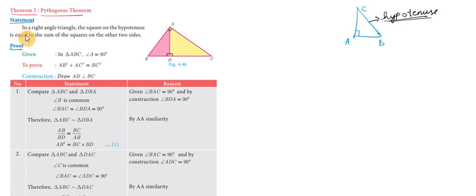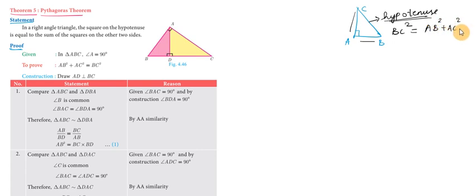என்ன சொல்றாங்க அப்படின்னா in a right angle triangle the square on the hypotenuse, அப்படின்னா the BC square, okay, that is equal to the sum of the squares of the other two sides. Sum of the squares, அப்போ you have to add AB square plus AC square.